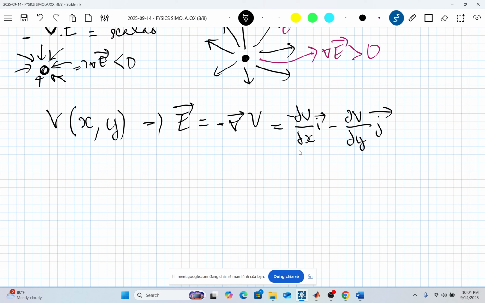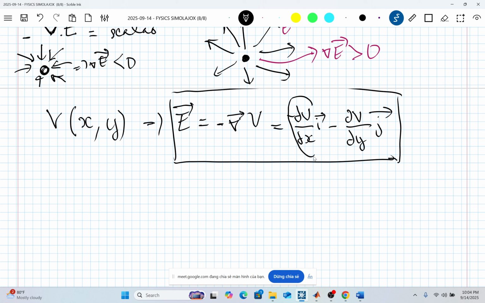Okay, and this is how you can compute your electric field. You take the derivative of v with respect to x, you minus it by the i, and this by the y.